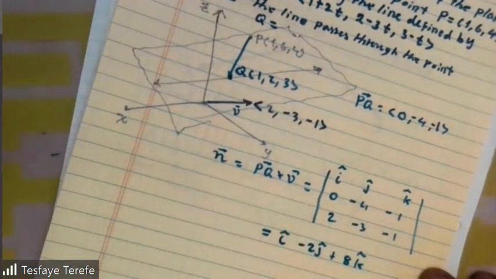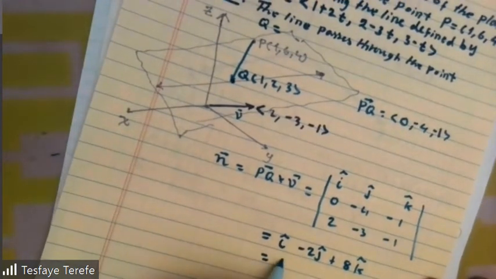So that is what we have. And if you want to write it in component form, that is 1, -2, and 8.